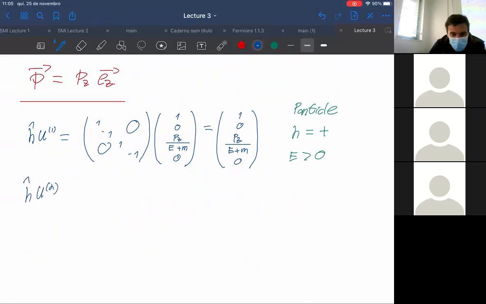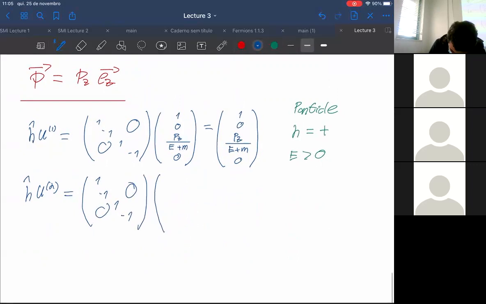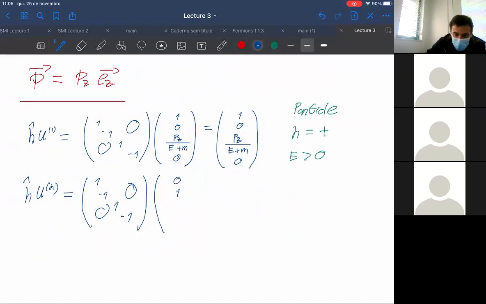U2, this one I'm also going to do explicitly. So 1 minus 1, 1 minus 1, 0, 0. Now this is just up to right here, writing here the eigenvector, 0 and minus Pz over E plus m. And now you note here that minus 1 goes with this, and this minus goes with this.